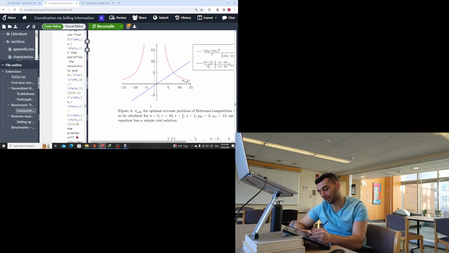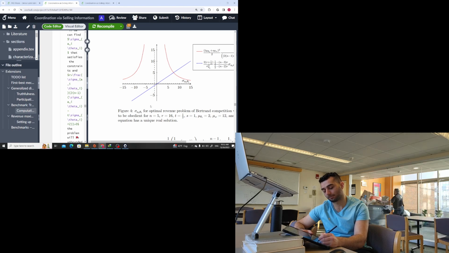f of minus 1/2 is also positive, which is good.